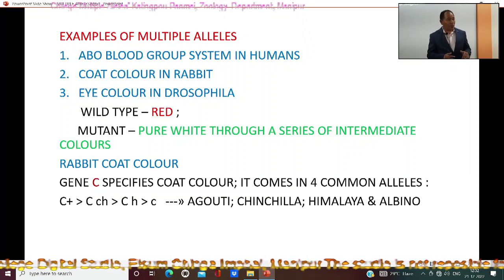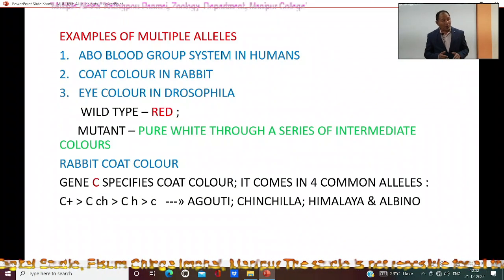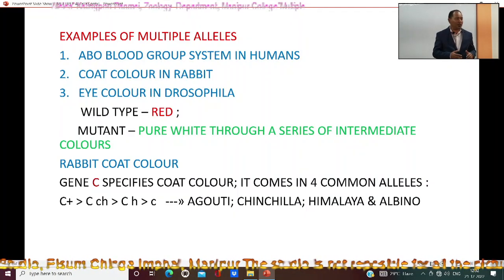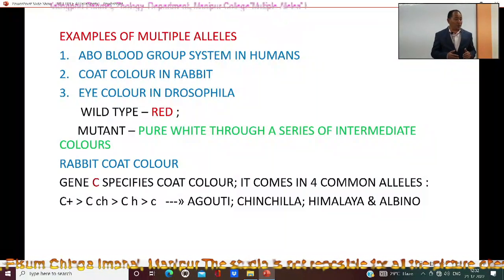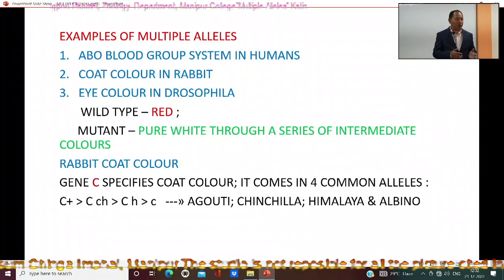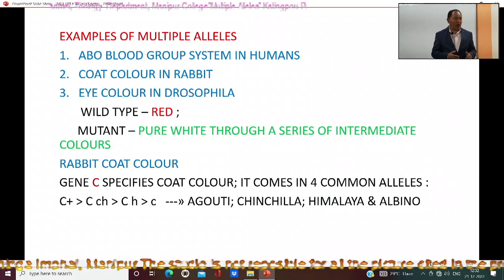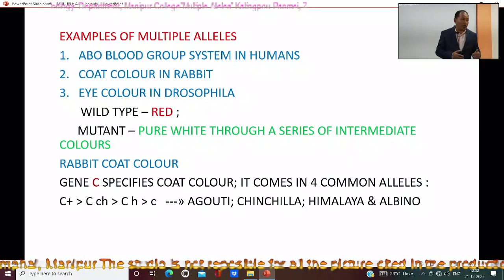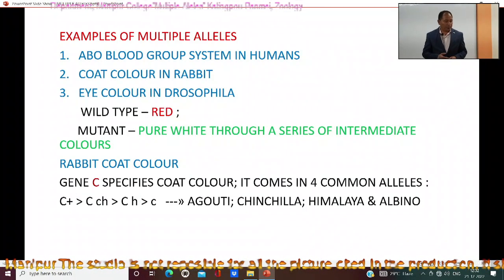The wild type form is red in color. However, mutant forms do occur, ranging from pure white through a series of intermediate colors. For example, pure white to white apricot, white coffee, white red, white wine, white eosin, and whatnot.